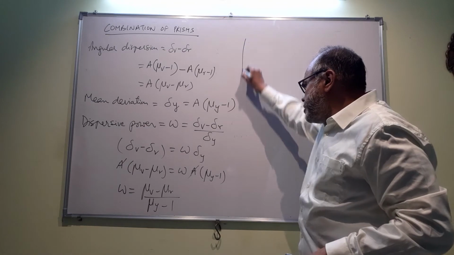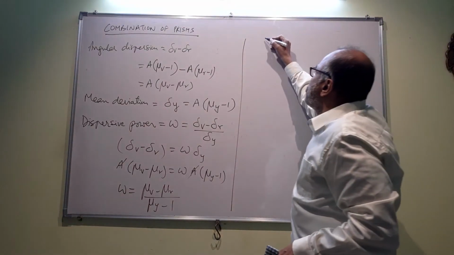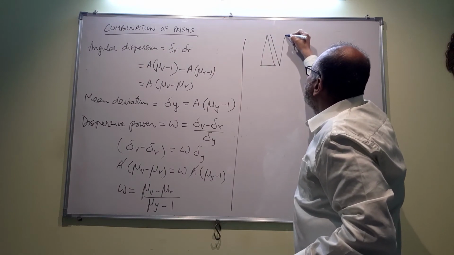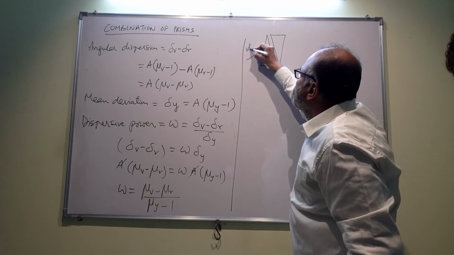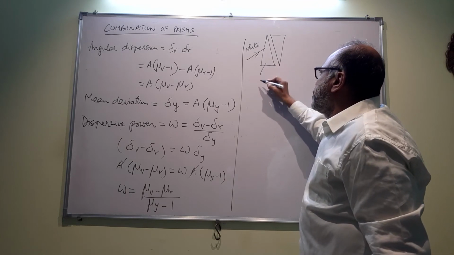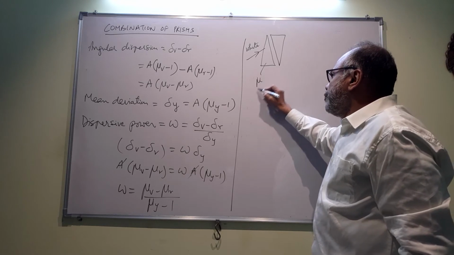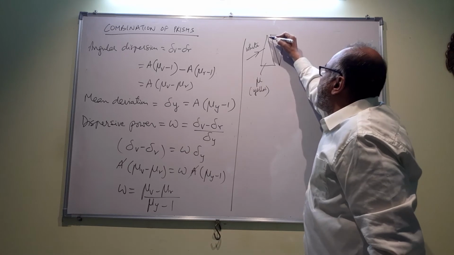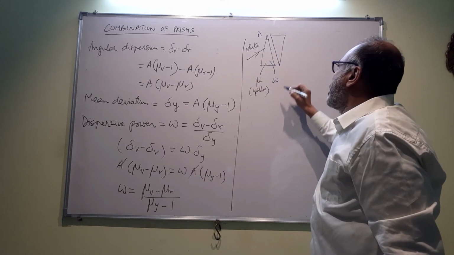Now, based on this, let us see combination of prisms. Supposing we have one prism like that and another prism like this, and let us say there is white light falling on the first prism. The parameters are mu, the mean refractive index, this is for yellow, the angle of the prism is A, and the dispersive power is omega.